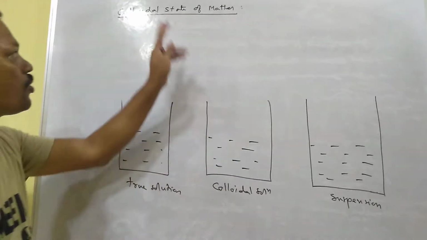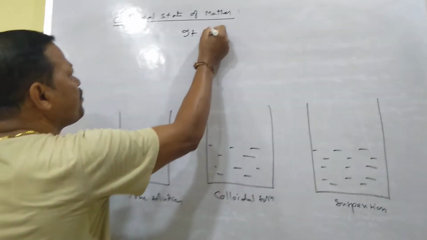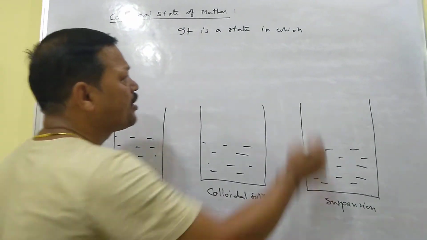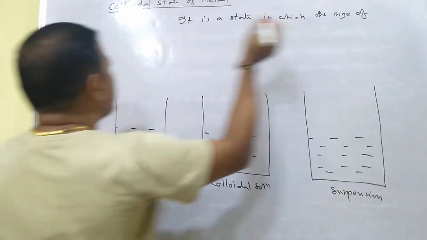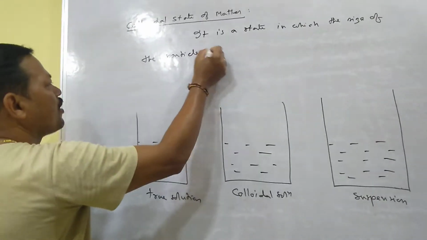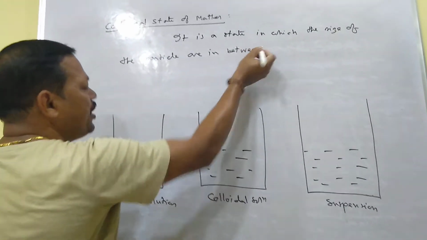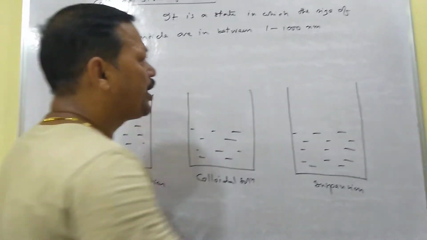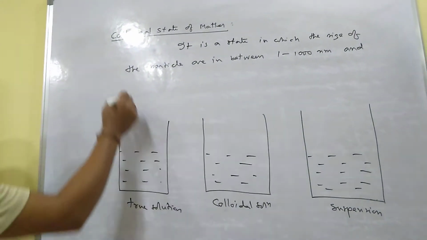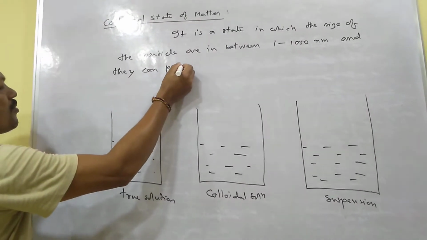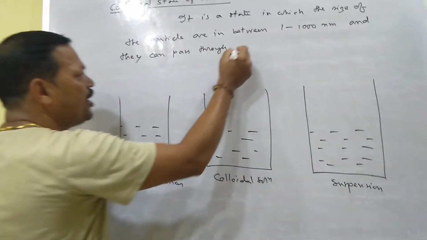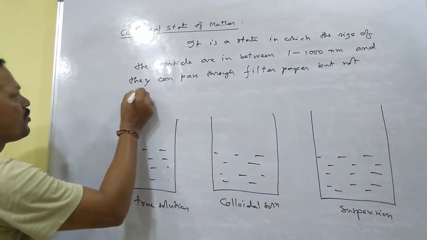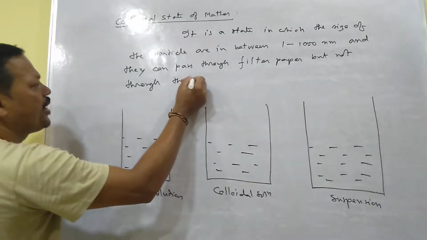Now, if you want to define colloidal state, how to define? It is a state in which the size of the particles is in between 1 to 1000 nanometer, very small size, and they can pass through filter paper but not through the membrane.